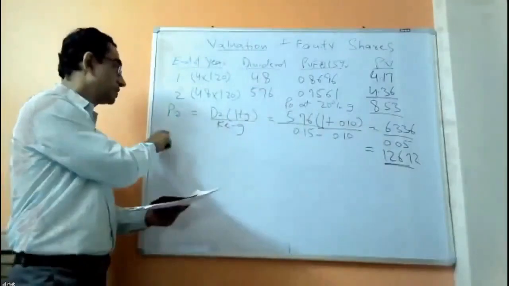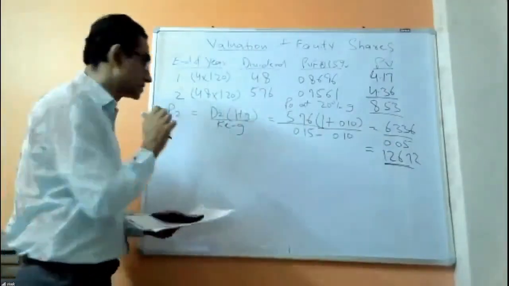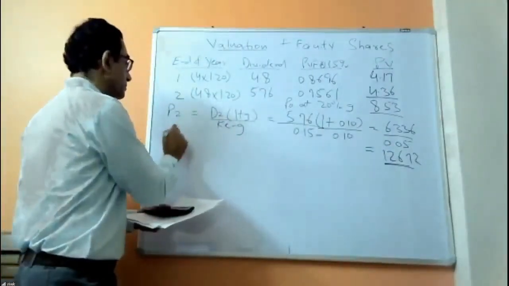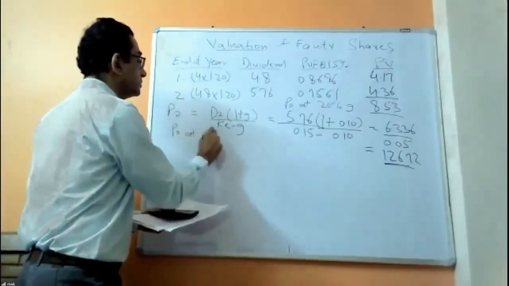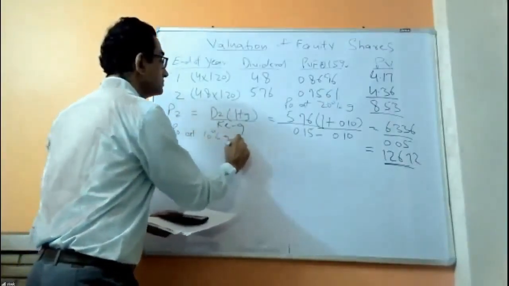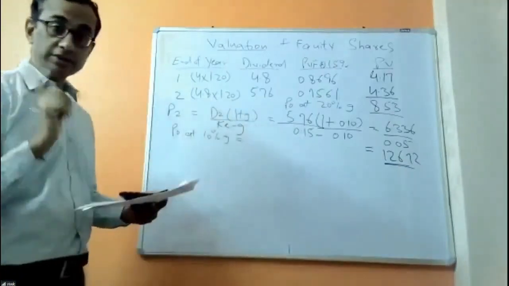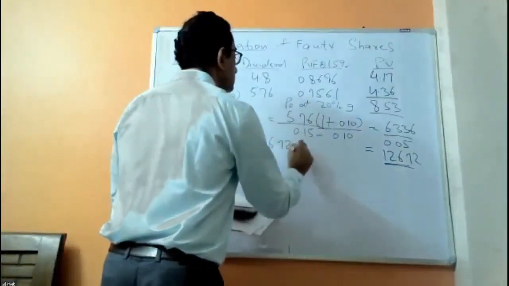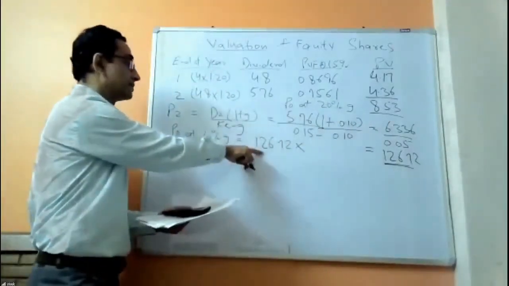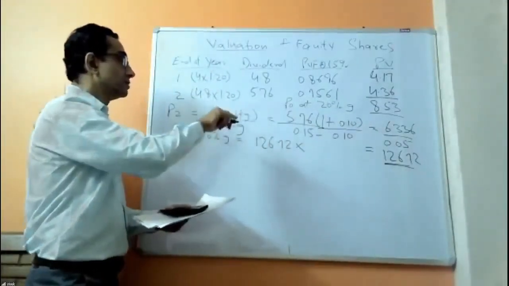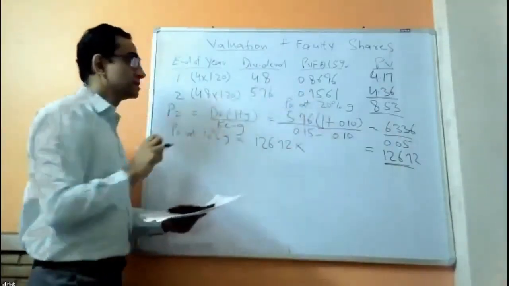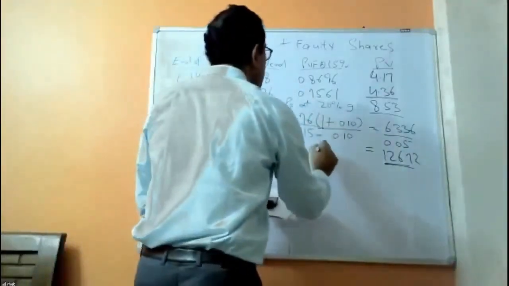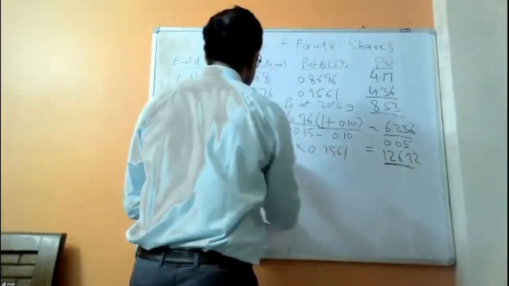But we have to arrive at the present value at the beginning of the first year. So the present value at 10% growth rate is 126.72, that is the present value at the beginning of the third year, multiplied by the present value factor at the end of the second year, which is 0.7561.